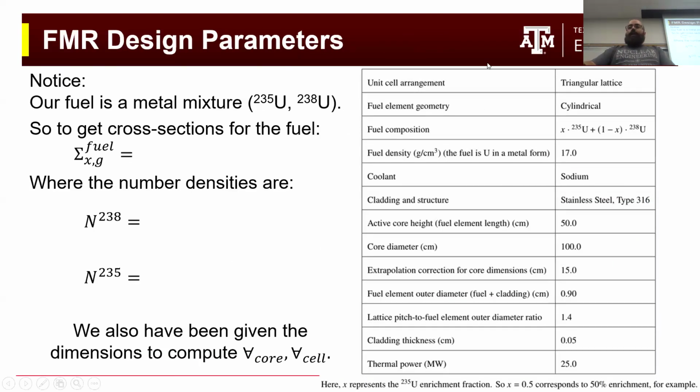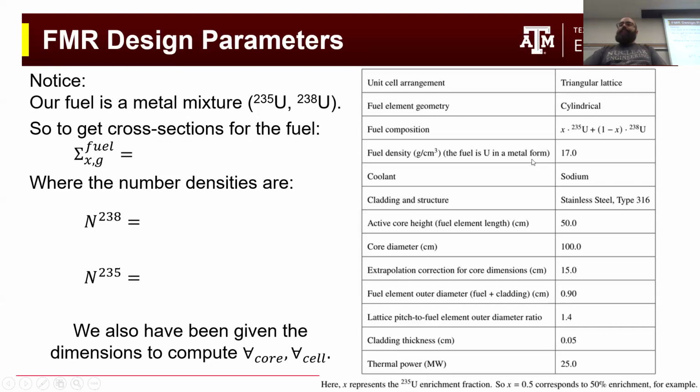So in our reactor design problem document, you have a table of some values. These are the design parameters of the reactor. One of the things that we need to know about is the kind of fuel. In this case, we're going to assume that it's uranium metal that consists of just uranium 235 and uranium 238 mixed together.